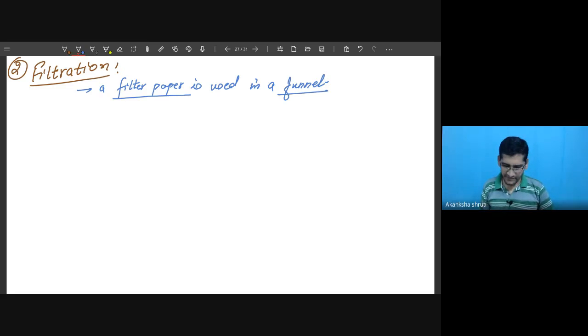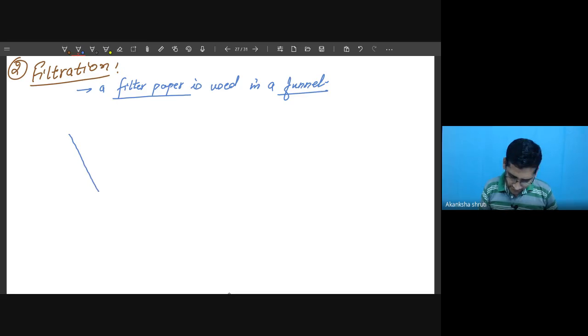Then placing the mixture on the inner side of this funnel, in the filter paper, the component having a smaller size will go on the other side, while the bigger size particles will remain in the filter paper. So how is this, student?